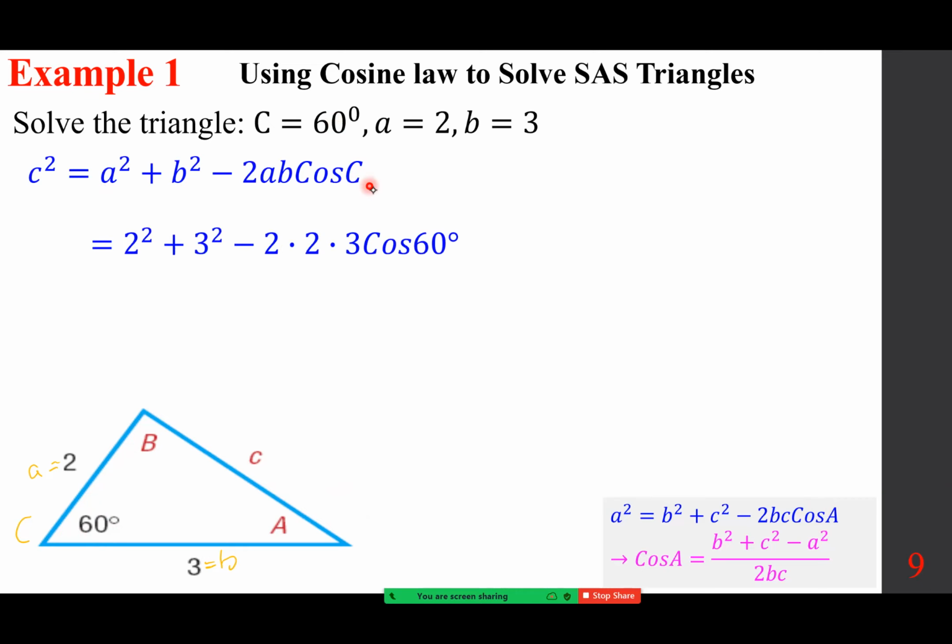Obviously, this is a 4, this is 9. Cosine of 60 is 1/2.